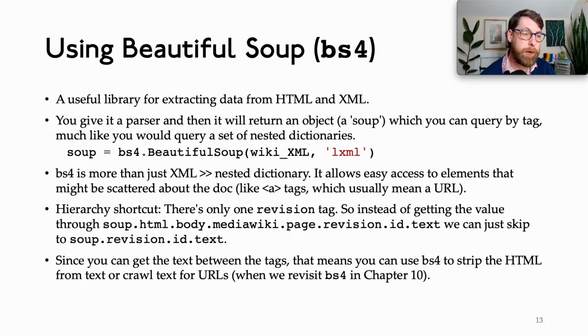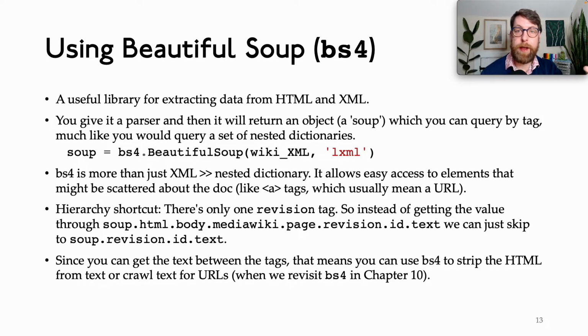You can also use this to strip out HTML, or strip out all these extraneous bits from text, because this text right here will be all of that with the tags stripped out. So now in chapter 10, when we look at the Stack Exchange data, all of the comments in the Stack Exchange are written and encoded with HTML.